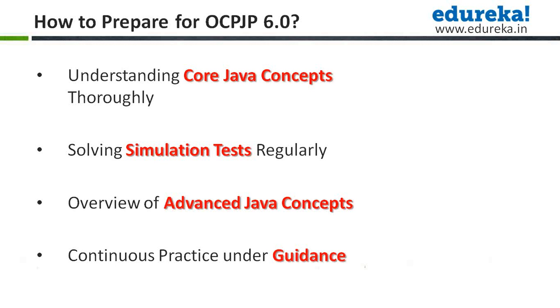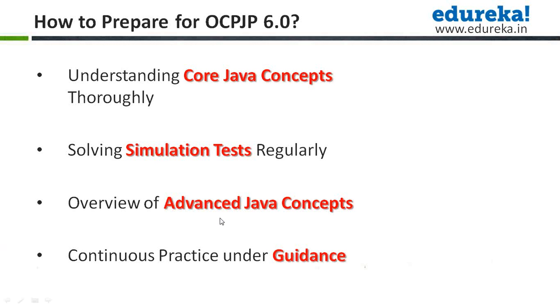These simulation tests are mock tests, a true copy of the examination conducted by Oracle. This test will prepare you for the final exam. In our course, we provide around 10 to 20 simulation tests so that you are well practiced and can easily crack the final Oracle exam, that is OCPJP.